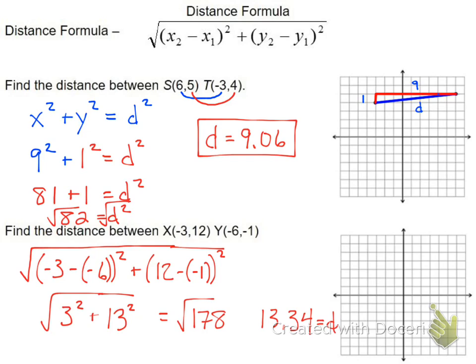Again, it would be the same thing if on my graph I did -3, positive 12, so -3, 1, 2, 3, 4, 5, 6, 7, 8, 9, 10, 11, 12. There's my 1 point, and then -6, -1.